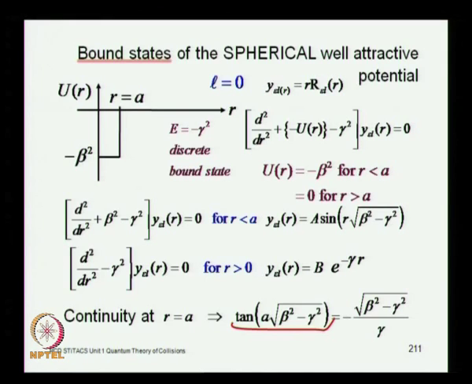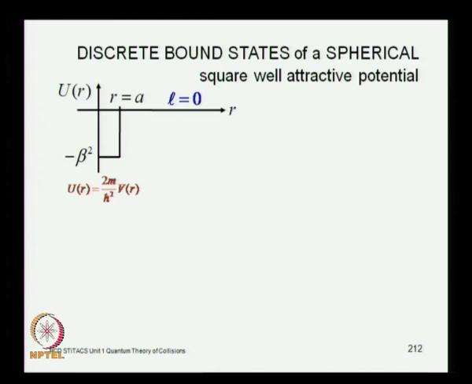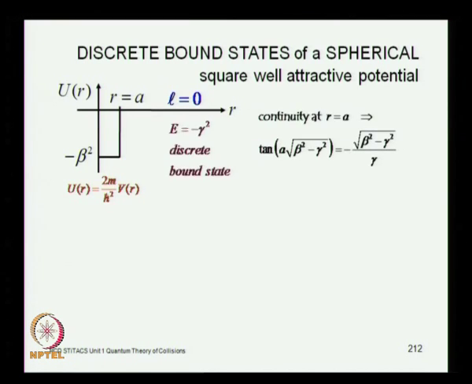So, you need to study the properties of the tangent function. Let us have a look at how the tangent function behaves, and from this behavior we will learn a lot. The bound states are given by this solution, which is tangent of this angle, and this angle is determined by properties of beta.